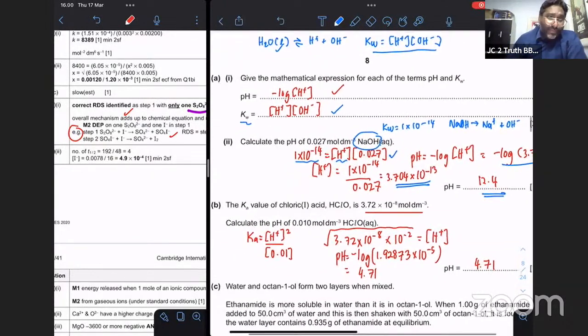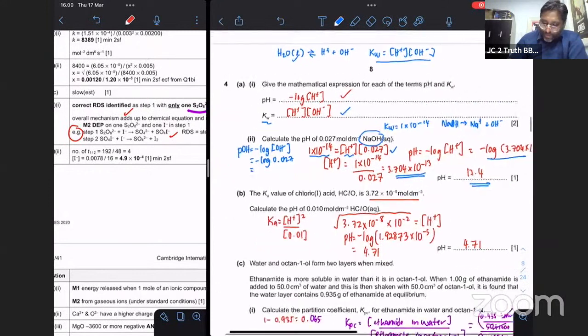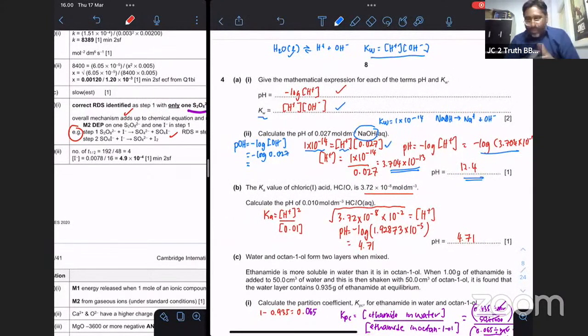There is another way to do this: you can calculate pOH. pH is negative log [H+], and pOH is negative log of the concentration of OH−, which is negative log 0.027. Let me quickly calculate for you. Negative log 0.027, you will get 1.57, the pOH.